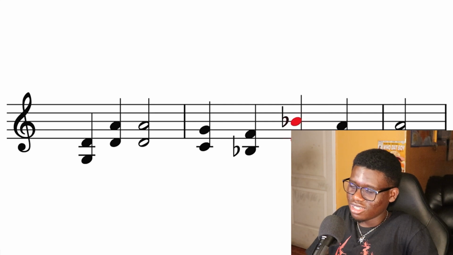So it's kind of just like the whole pattern of we started really simple, now we're getting more complicated, so we're gonna need more items, we're gonna need more tools in order to do what we need to do, you know? And that's kind of the whole concept of music.